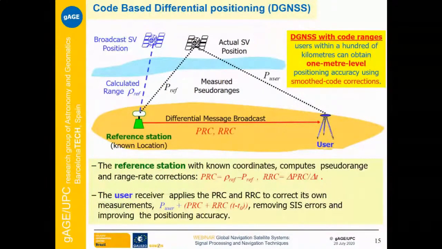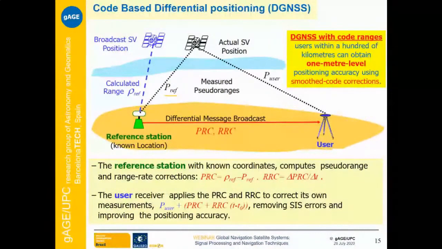The idea is that at the reference station, we are measuring the pseudoranges to a particular satellite. This is what we have here with PREF, the pseudorange measured by the reference station.